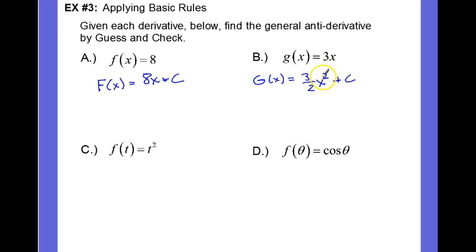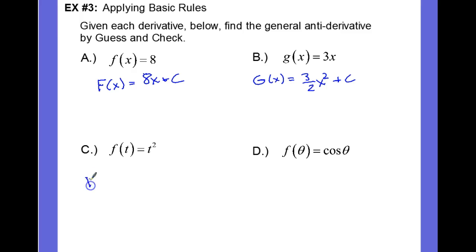So 2 times 3/2, the 2's cancel, giving me a 3, and then power times base, and then down 1, reducing the 2 to a 1, that leaves us with an x, and of course the derivative of the constant is 0. So it checks out.